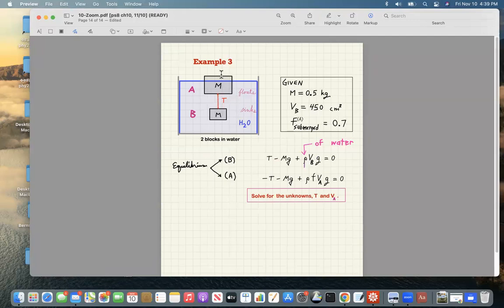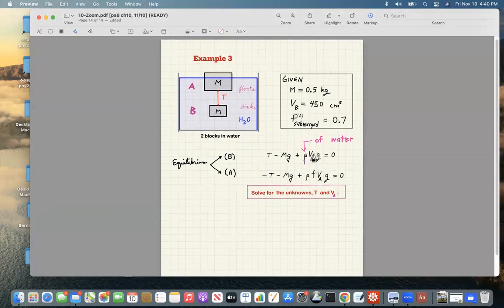So T is pulling up, so that's a positive force. Gravity is pulling it down, so that's a negative force, minus mg. Buoyancy is pushing it up. That's rho times the volume, in this case the entire volume, because the whole volume is submerged, times g.